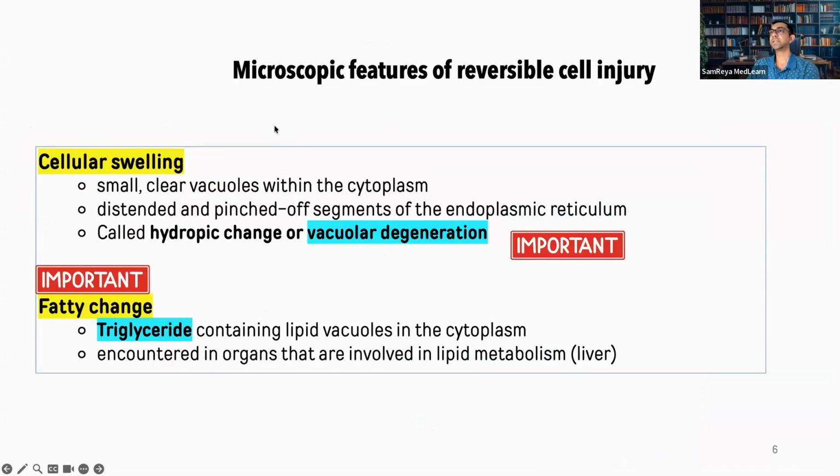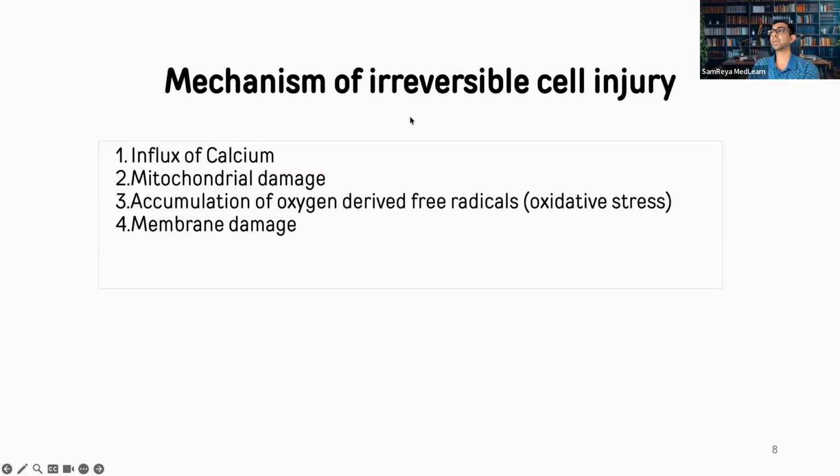With that said, what we can now do is talk about mechanisms of irreversible cell injury. We've learned a few features of reversibly injured cells. Now we'll talk about the mechanisms and features of irreversibly injured cells, and we will try to figure out when the reversible stage turns into irreversible.